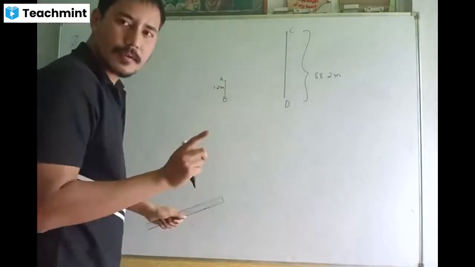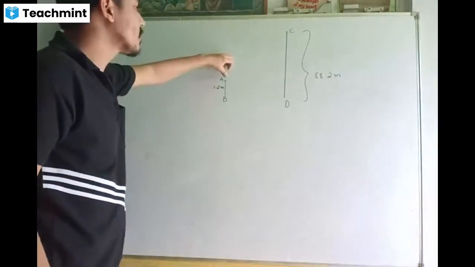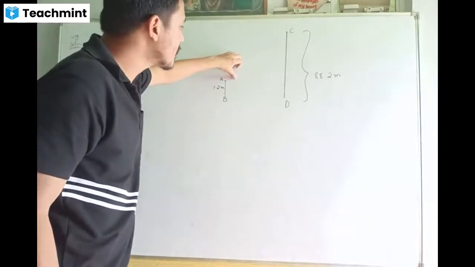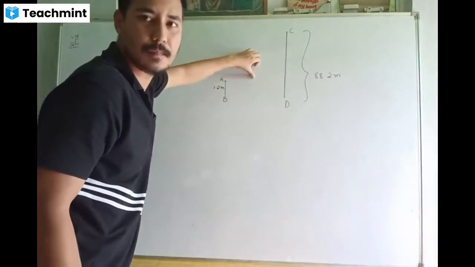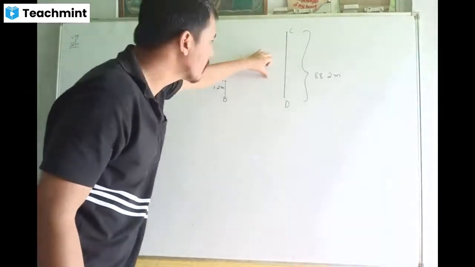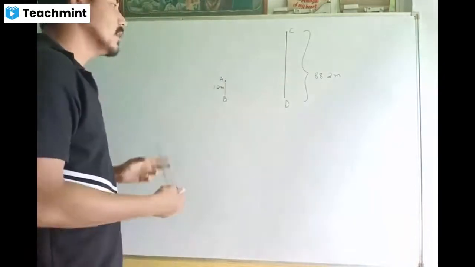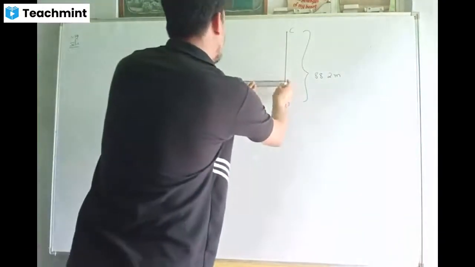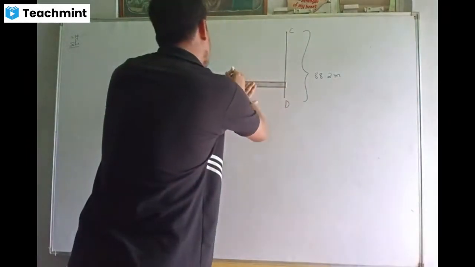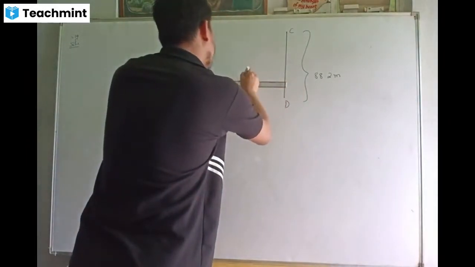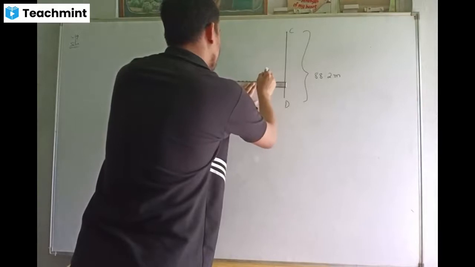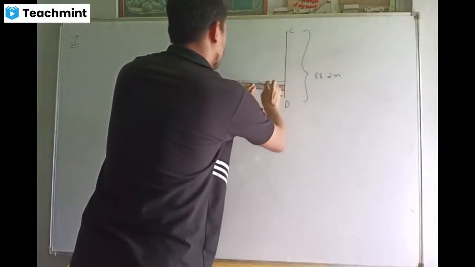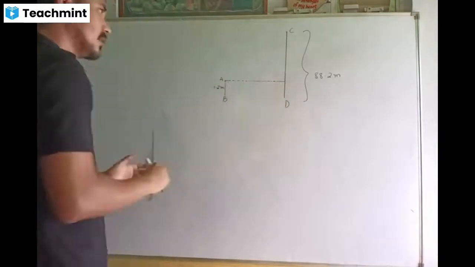So I told you, always from the eye of the observer, we always need to draw a straight line, parallel to the surface of the ground. That straight line would be the horizontal line. From the eye of the observer, we always need to draw a straight line. This straight line would be known as the horizontal line. So this is your horizontal line.